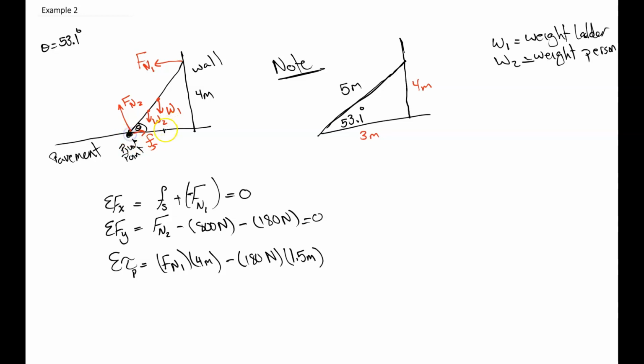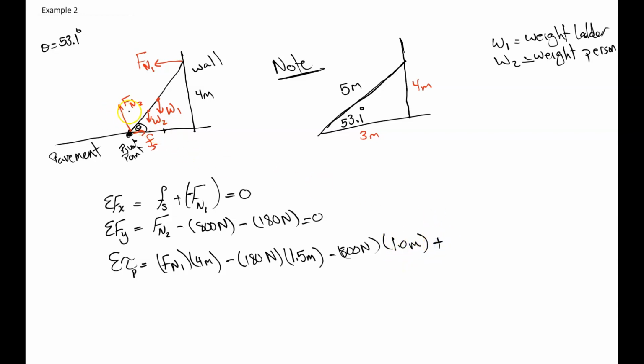From the pivot point to this point would be 1.5 meters. And then we have the 800, which is the weight of the person, and the distance we want is from here to here. It's 1/3 up, so it'd be 1/3 of 3, which is 1 meter.